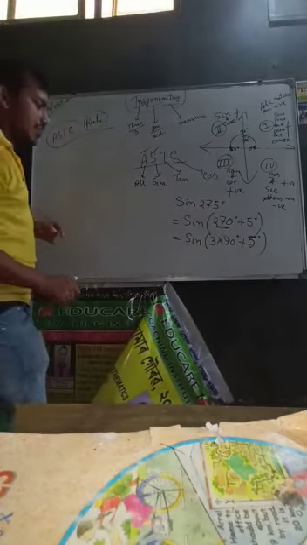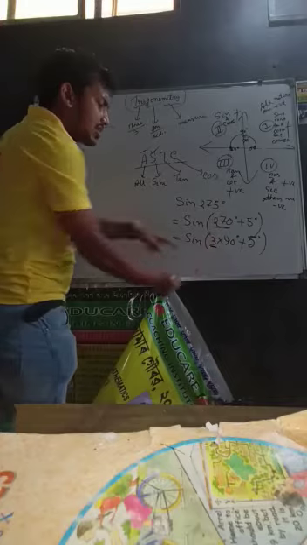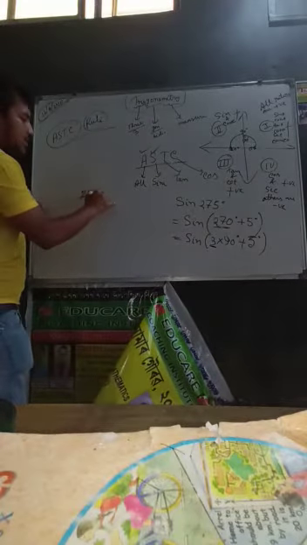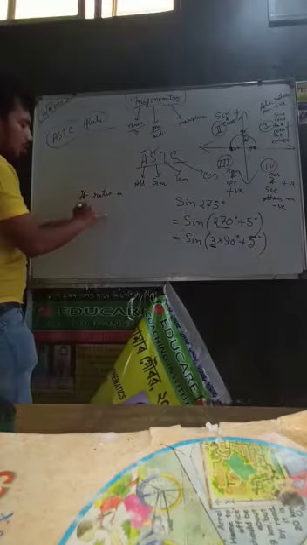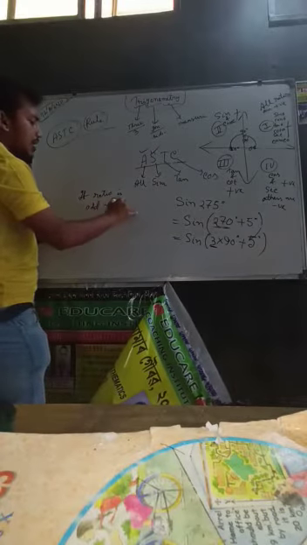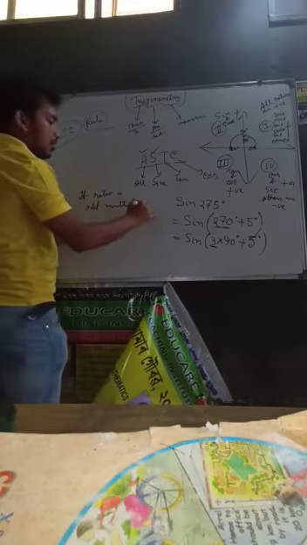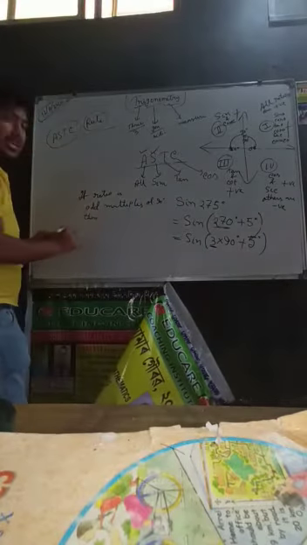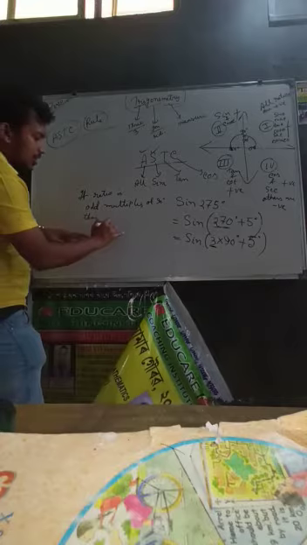Number 1: if the ratio is an odd multiple of 90 degree, then these rules exist.